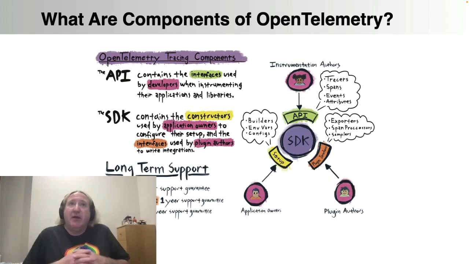So there are really sort of three pieces to it that you might want to look at. Well, two, maybe three. The two big ones are the API and the SDKs.